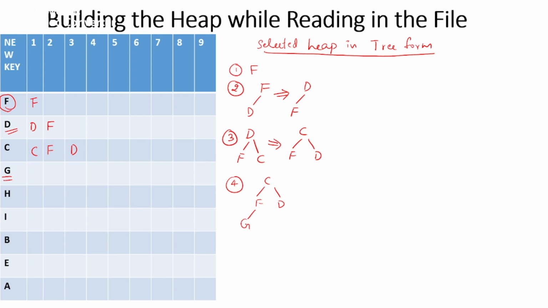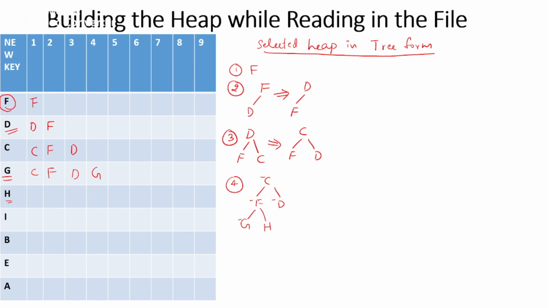Now if I consider this, there is no change because F is smaller than G, parent is smaller than the child. So that is why no change needs to be done. So I can directly write it as C, F, D and G. Now H comes, where I need to include H here, right?